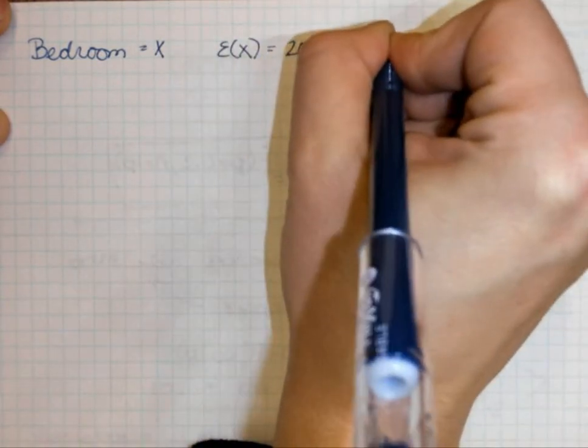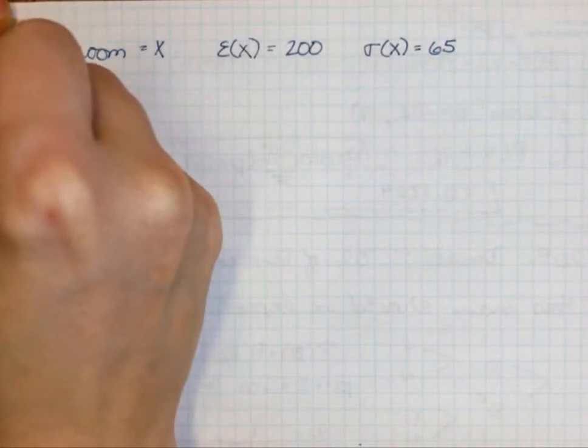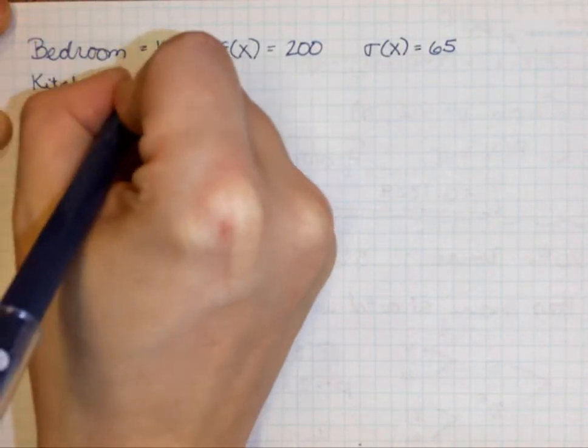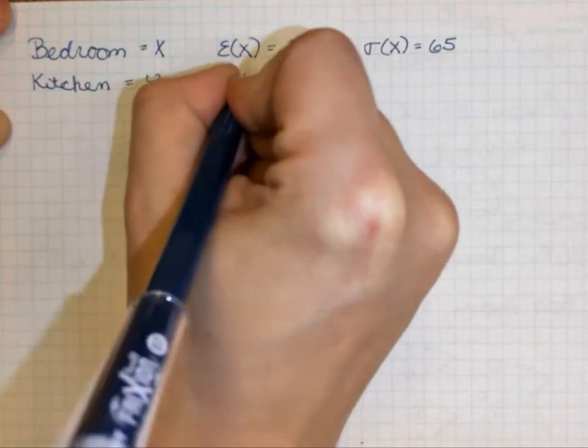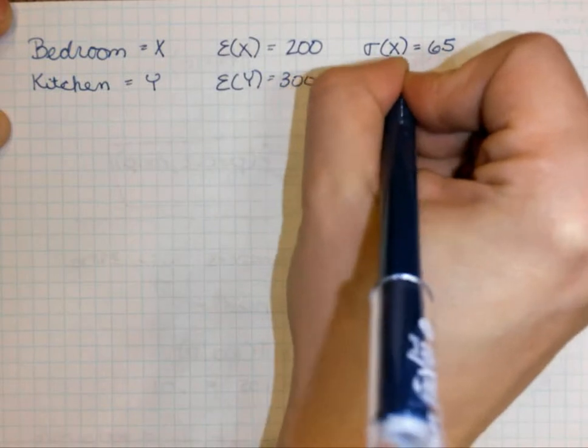And the standard deviation of the bedroom is? Okay, then we had the kitchen, which I'm letting be Y. 300 for that guy.